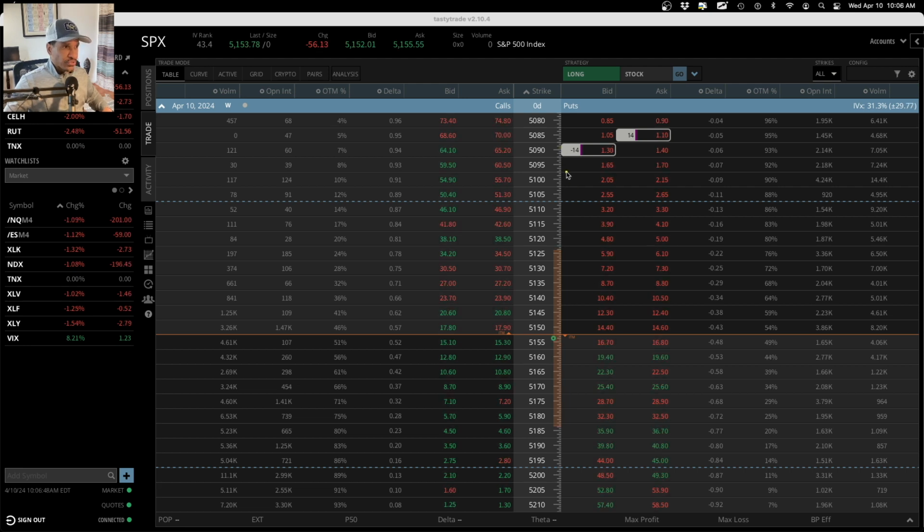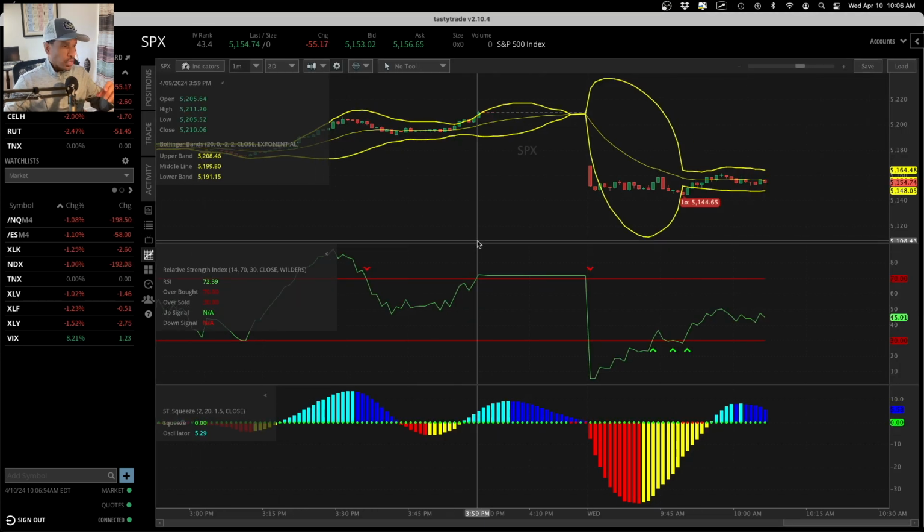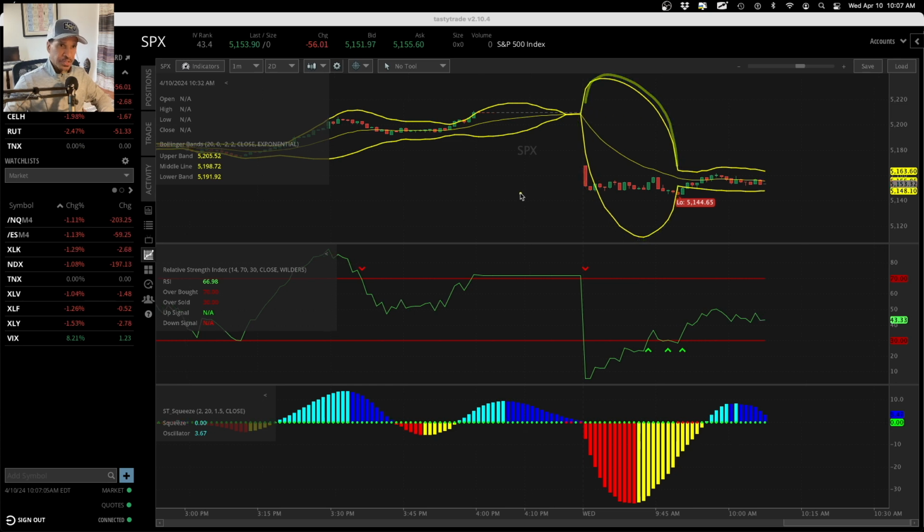going on the put side after this really large drop, as you can see here when the market first opened, the Bollinger Bands are extremely wide. Why? Because the expected move of volatility is very high. This large red candle on this 1 minute time frame was outside of the lower Bollinger Band.